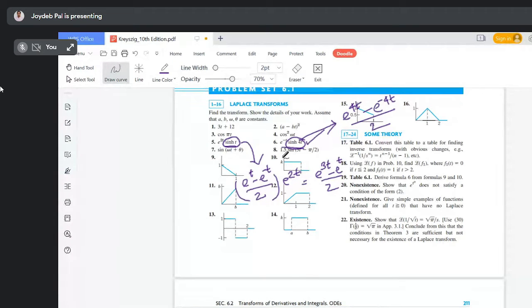In general, sine hyperbolic at is e to the power at minus e to the power minus at divided by 2. Then it is multiplied with e to the power minus t. So you multiply it with e to the power minus t, then simplify and take the Laplace transform. Complete these two problems.